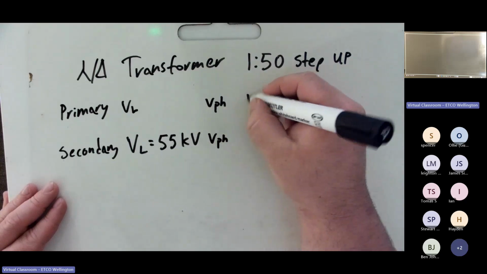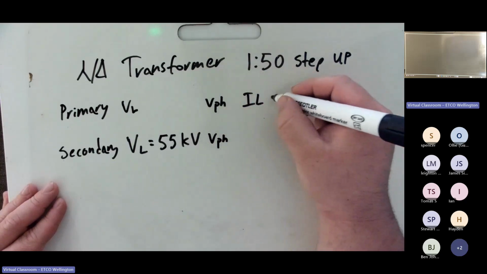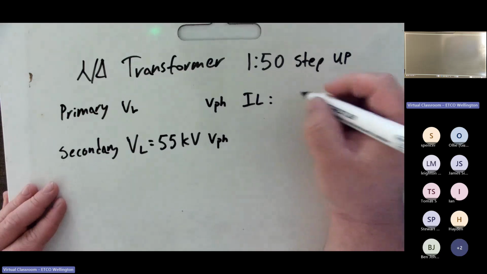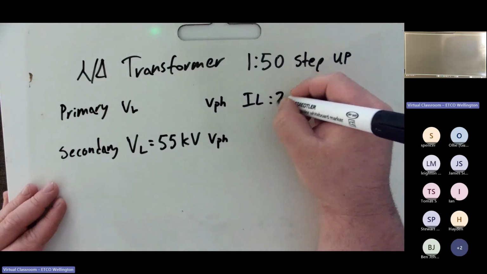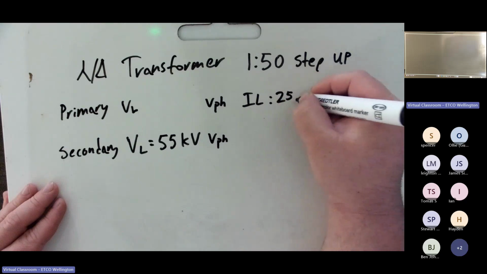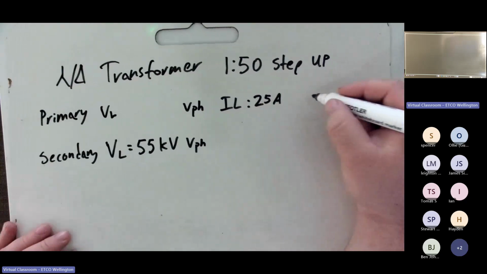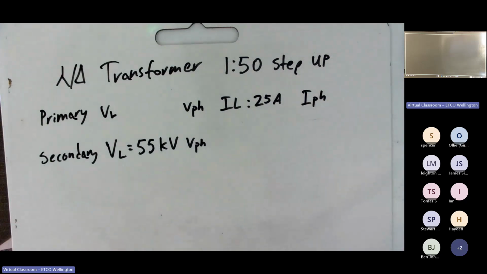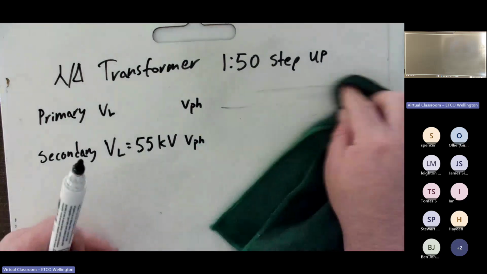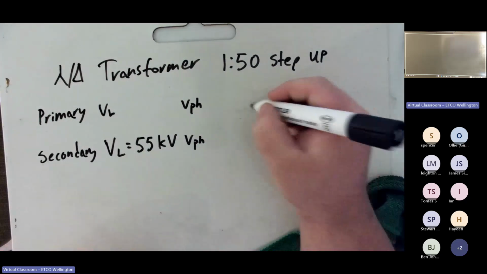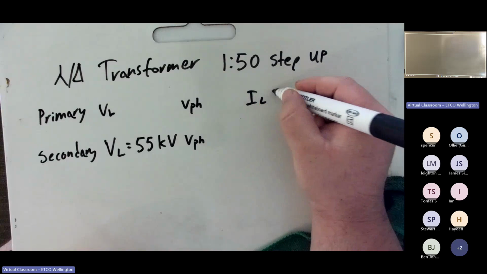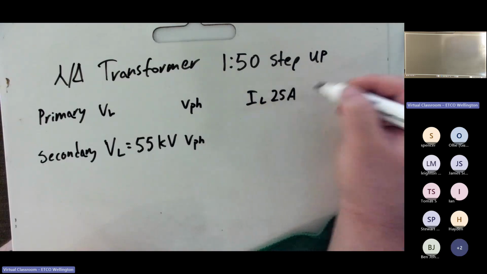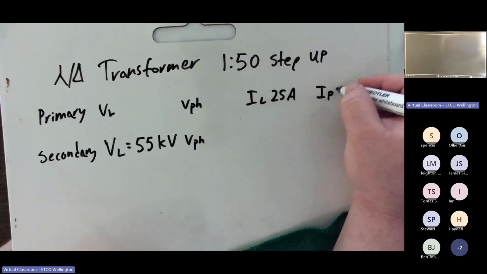On our primary side, I line is 25 amps. Hold on. Drew those a bit too close together. So we have an I line, 25 amps. We have an I phase.